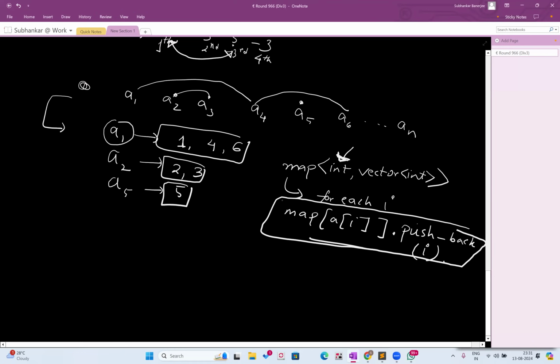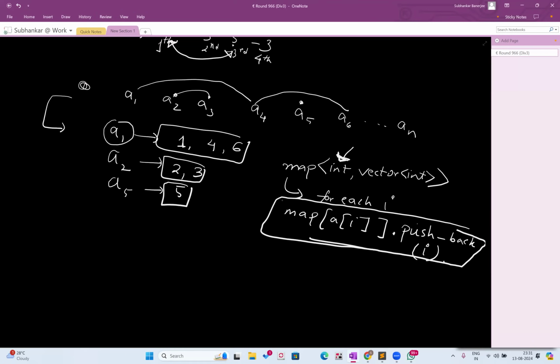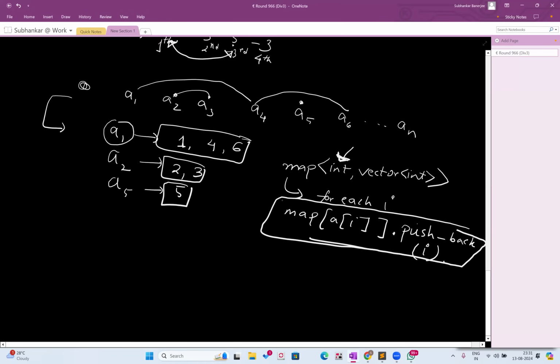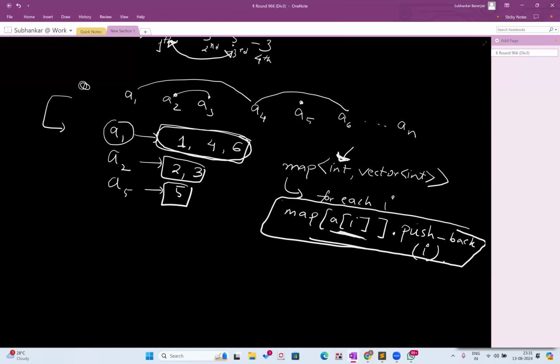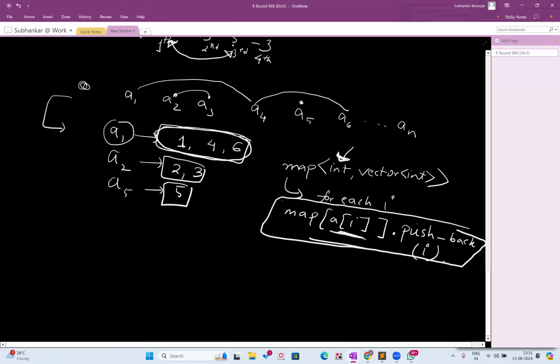Whenever a string comes up, another important thing to note: the value of this key is not important. We just have to maintain that these three indexes should have the same character, and these two indexes should have the same character.